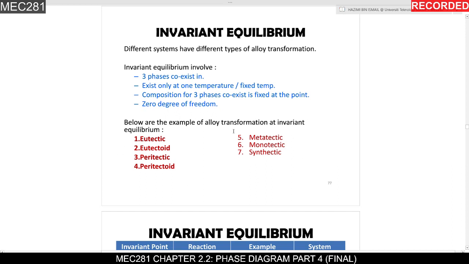invariant equilibrium here. We have eutectic, that we are already familiar with from the previous video, and also the eutectoid. But the more complicated ones are the peritectic, peritectoid, metatectic, monotectic, syntectic.